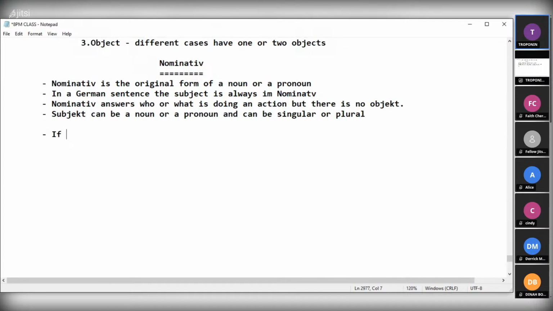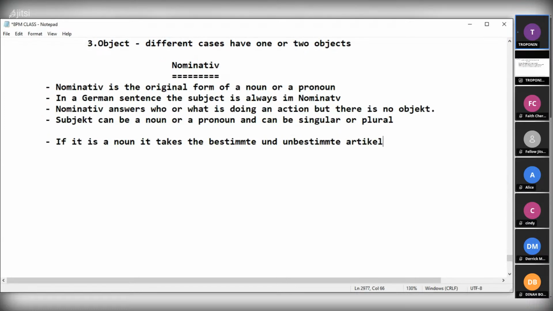it takes the bestimmte und unbestimmte Artikel like der.